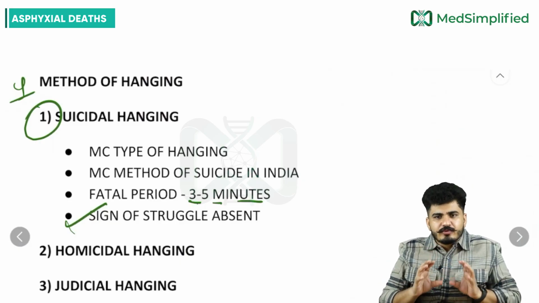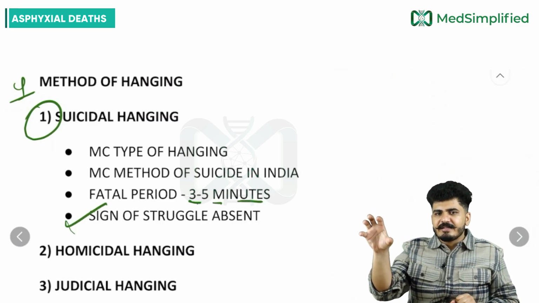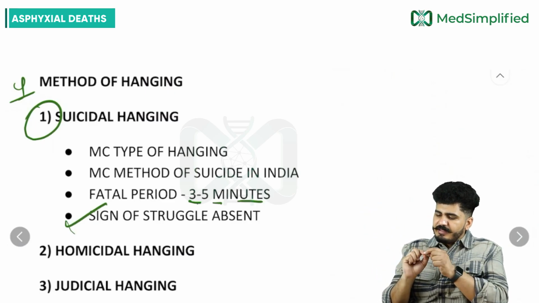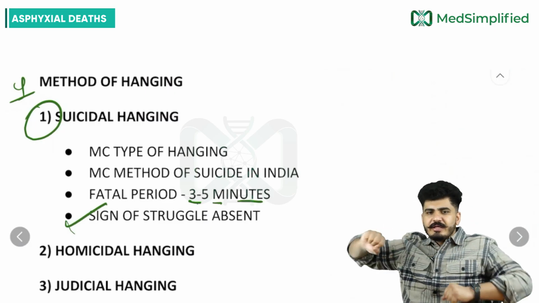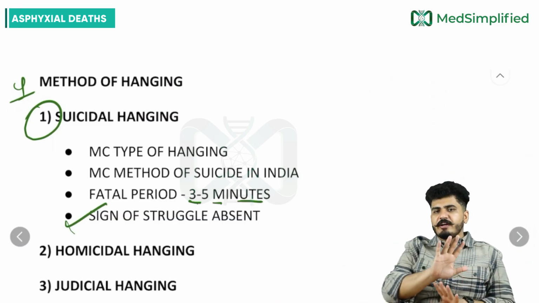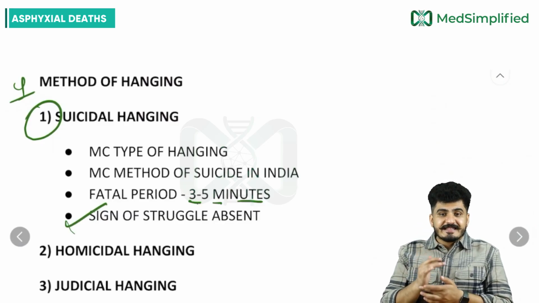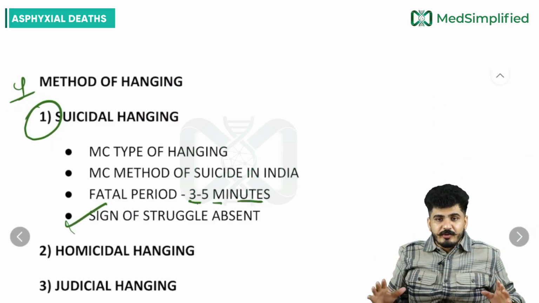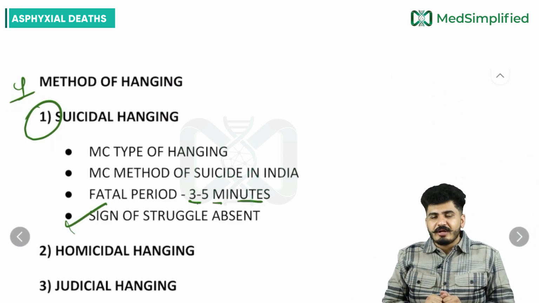You will try to save yourself. While saving yourself, you might scratch, so there will be skin under your nails. And while doing this, there might be a contusion, laceration, or abrasion on your body. So abrasion, laceration, and contusion can be seen on the body.